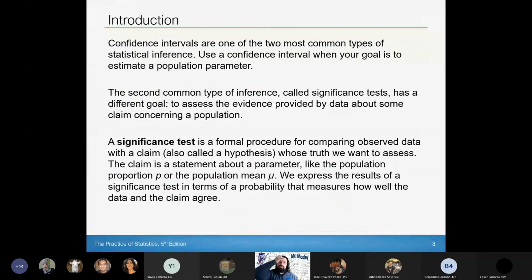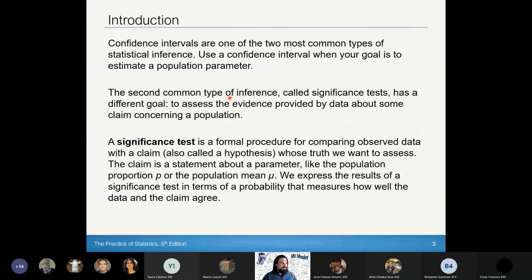So here's our introduction, right? Confidence intervals are one of the two most common types of statistical inference. We use a confidence interval when our goal is to estimate a population parameter. So we'll use that type of inference when we want to estimate a proportion or a mean. All right.